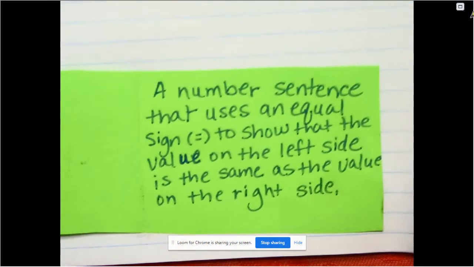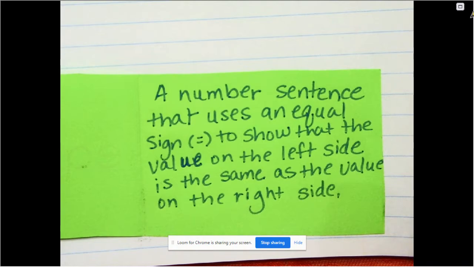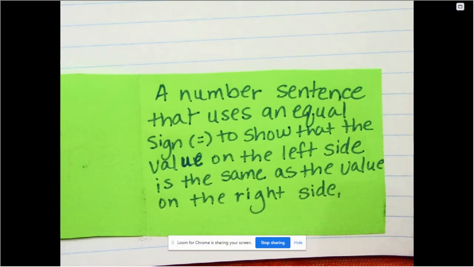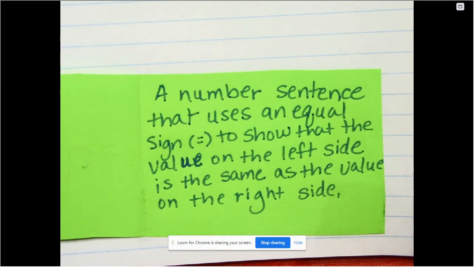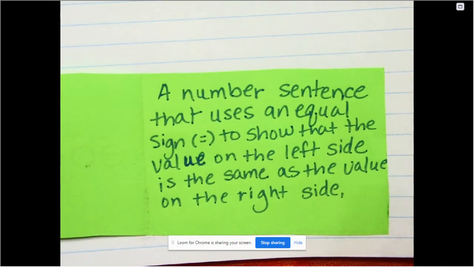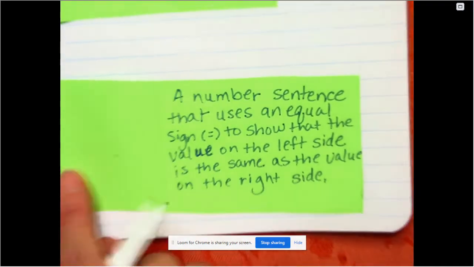Okay, that's a long one. I'll probably want to pause. A number sentence that uses an equal sign to show that the value on the left side is the same as the value on the right side.